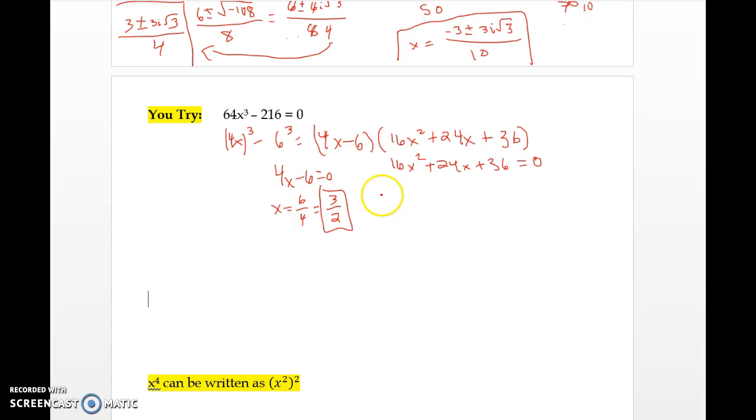We can do quadratic formula. Negative b plus or minus the square root of b squared minus 4 times a times c, all over 2 times a.